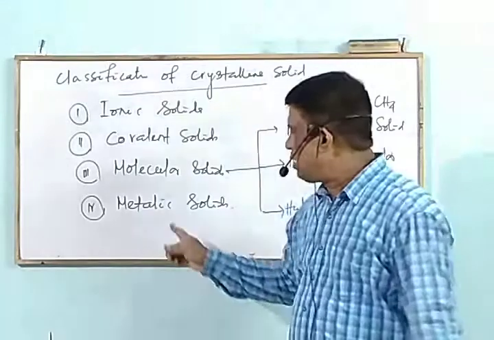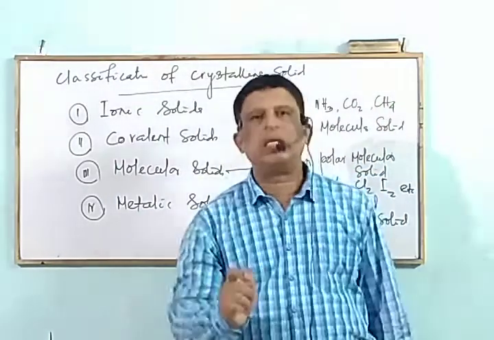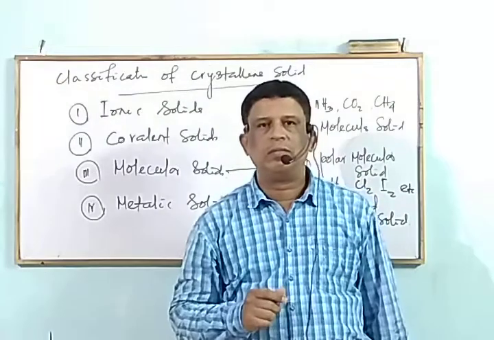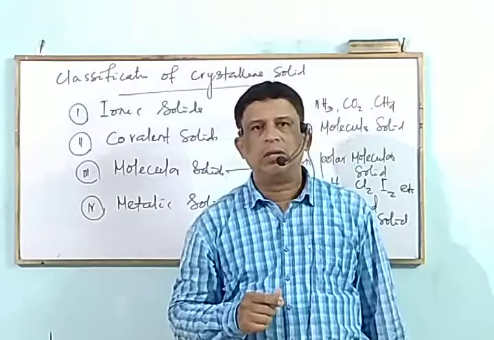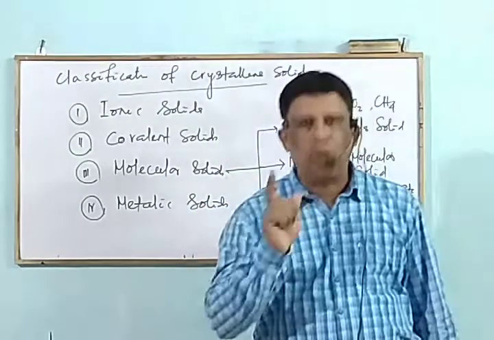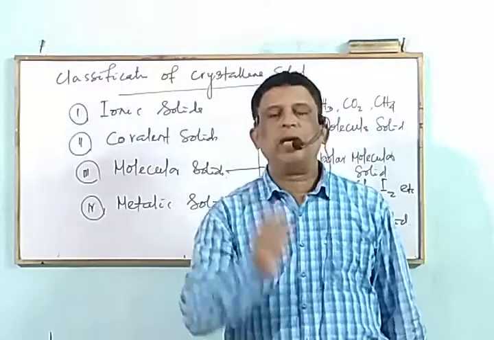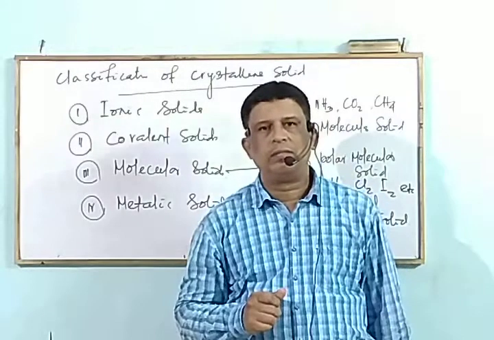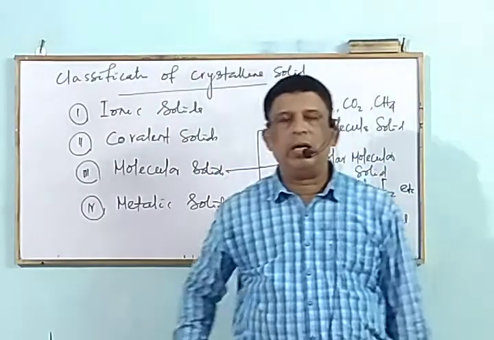While the last one is metallic solid, where the constituent particles are metal ions surrounded by mobile electrons, in which the positively charged metal ions known as kernels are held together by metallic bond. These are some classifications of crystalline solid.